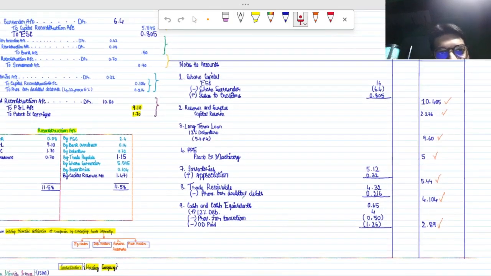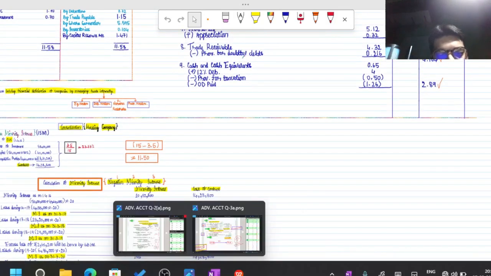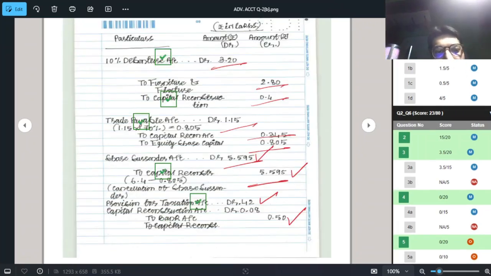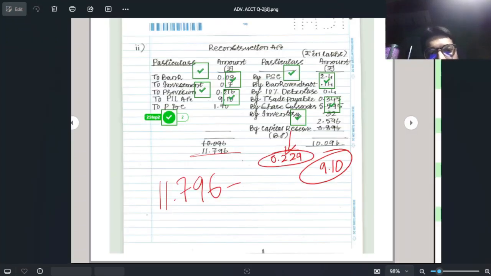There are 9 notes to accounts of the balance sheet. Now I will show all of you the solution which I did in the examination.